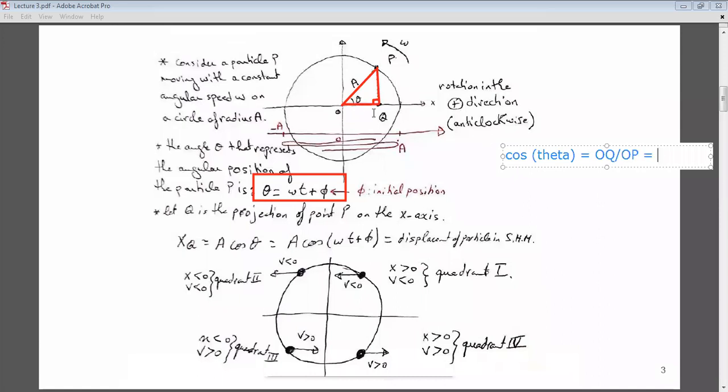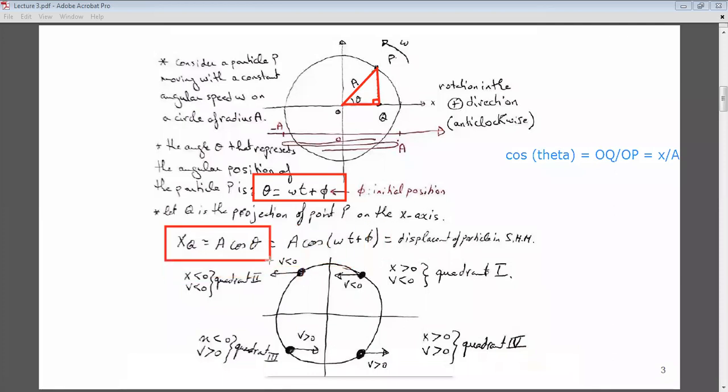OQ on the x-axis is x of point Q. So it's x divided by OP, which is the radius of the circle, which here they call A. So x is equal to A cosine theta, and theta is omega t plus phi. So x of Q is A cosine of omega t plus phi.